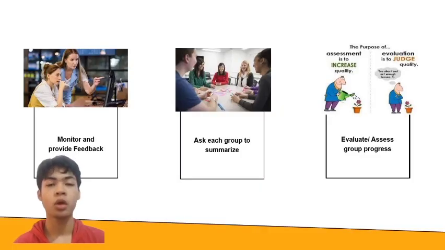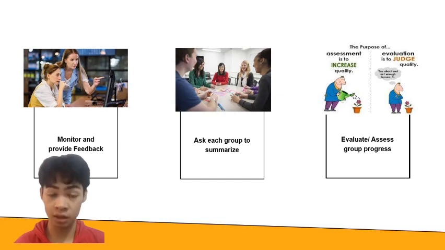Next is monitor and provide feedback. In cooperative work, we must monitor the progress of our task. And if needed, we must give feedback from one person to another to address certain errors, because in cooperative learning, your opinion matters. If everyone succeeds, the group will also succeed.